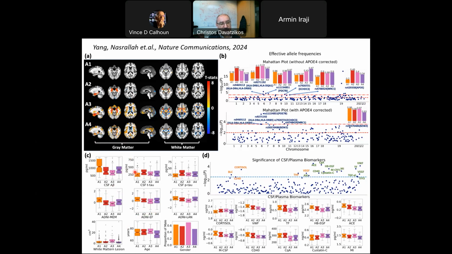A4, even though it had quite a bit of atrophy, was in between, which is also expected because it seems to be the non-typical AD type of atrophy, and that is further confirmed by amyloid and by genetics and so forth. A number of plasma biomarkers came out significantly different among subtypes. Many of them are related to immune and cardiovascular system risk factors, and that's also not unexpected.